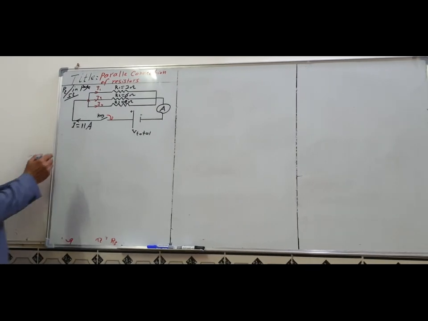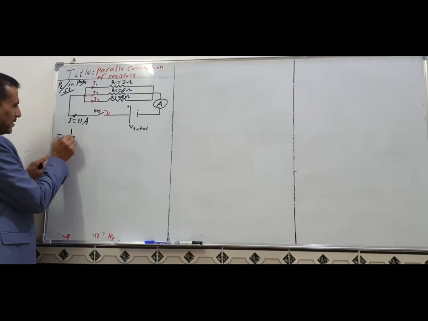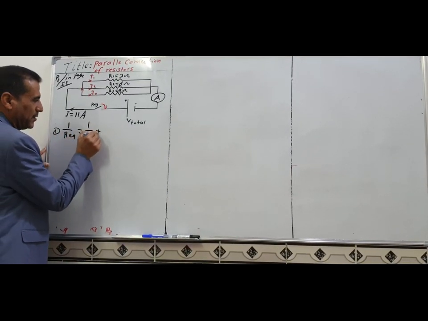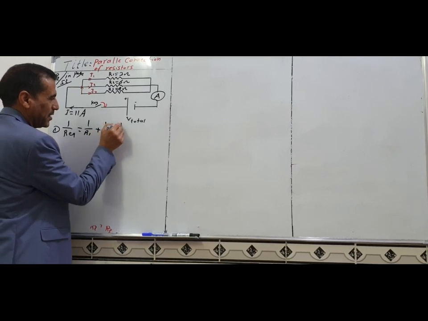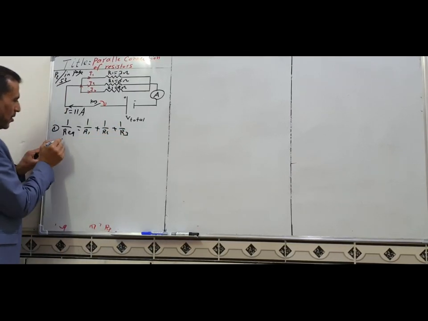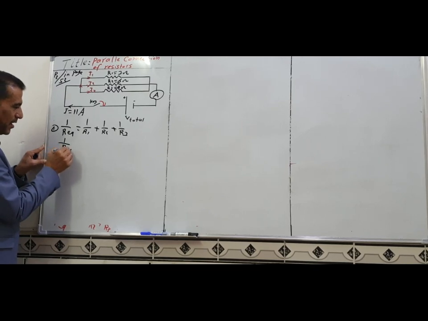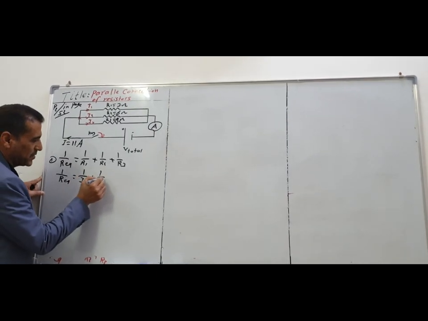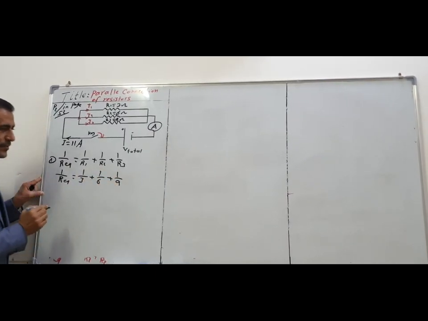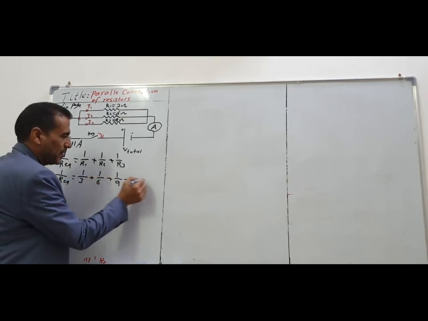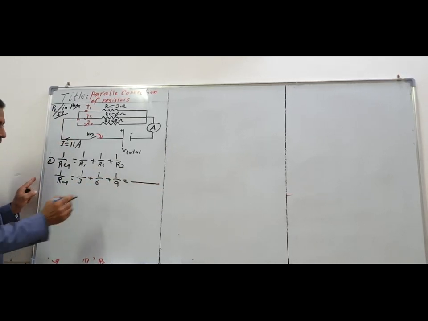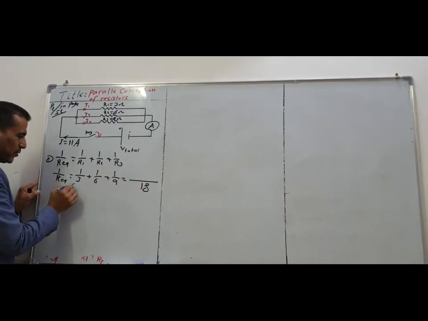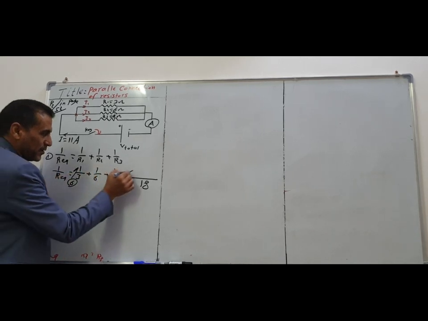Number 1. 1 divided by R equals 1 divided by R1 plus R2 and R3. 1 divided by R equals 1 divided by 3, 6, and 9. By taking the common multiple, which equals 18: 18 divided by 3 equals 6, 6 times 1 is 6.